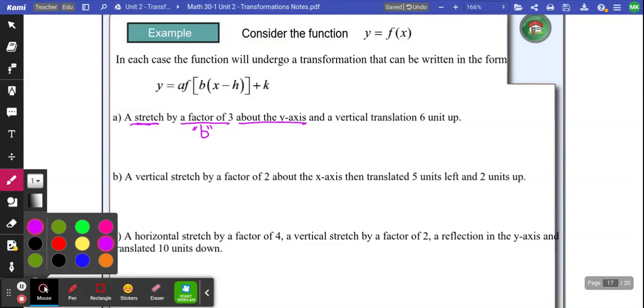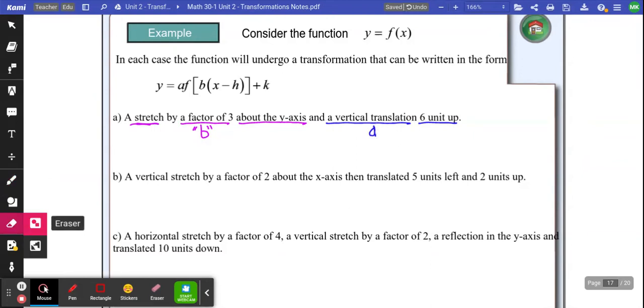A vertical translation, 6 units up. That is talking about your k value. Oh, geez, Louise, that's a throwback to Math 1. Don't worry about why I called it d. There you go.